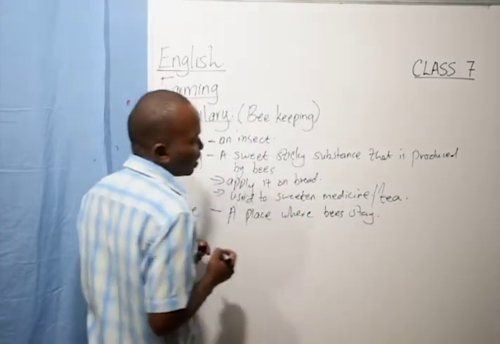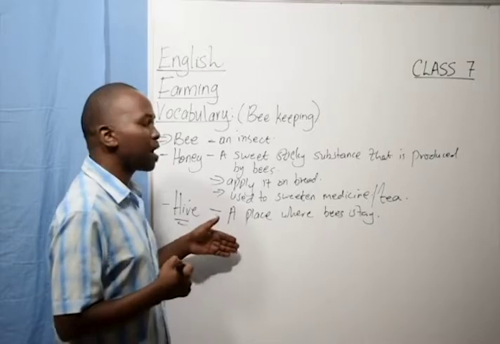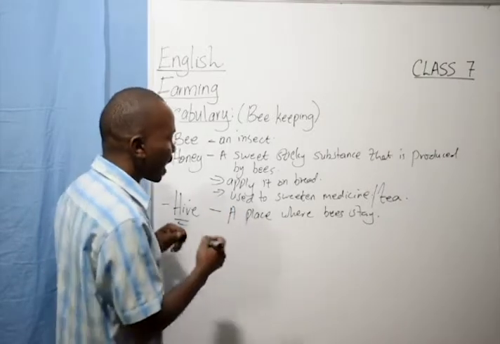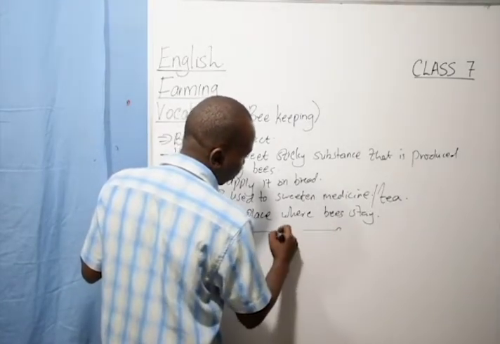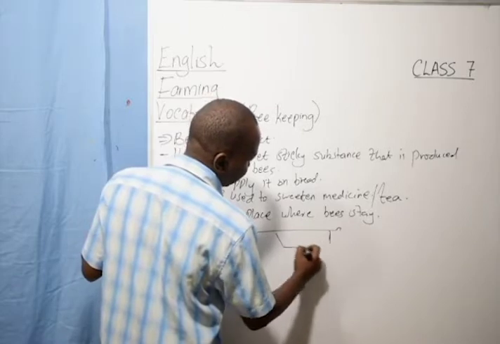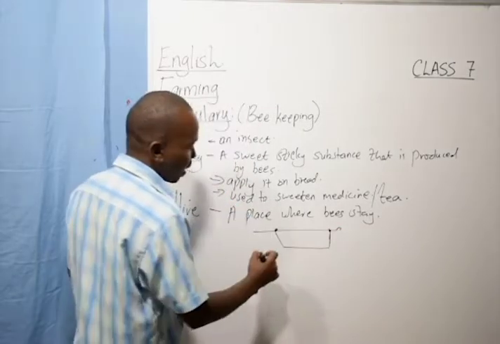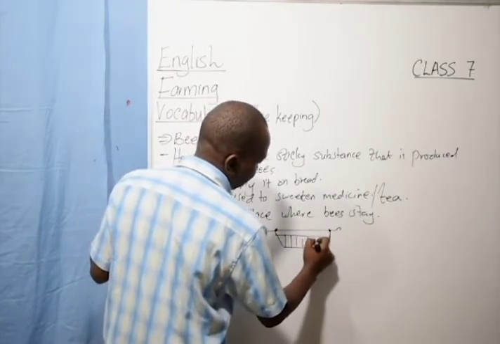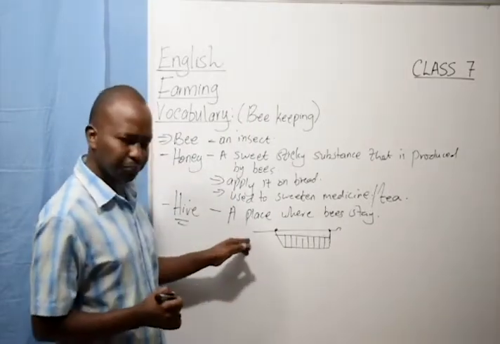Remember, when it comes to hives, mostly they are hung on trees. Hives are usually hung on trees. You find them hung there using strings or wires, and there the bees find a place where they can have their honey made.